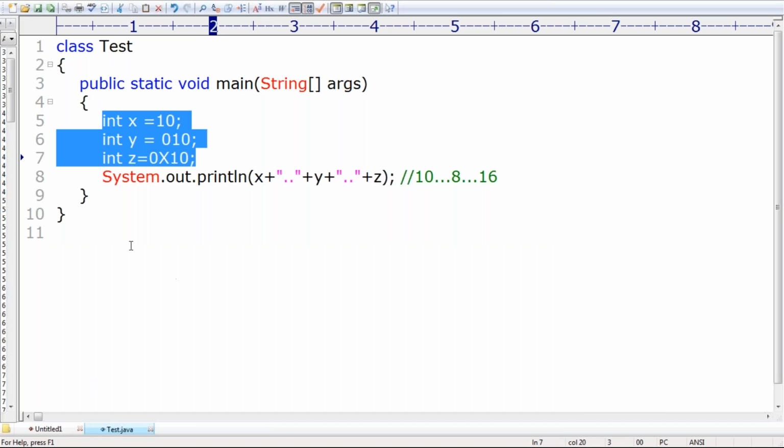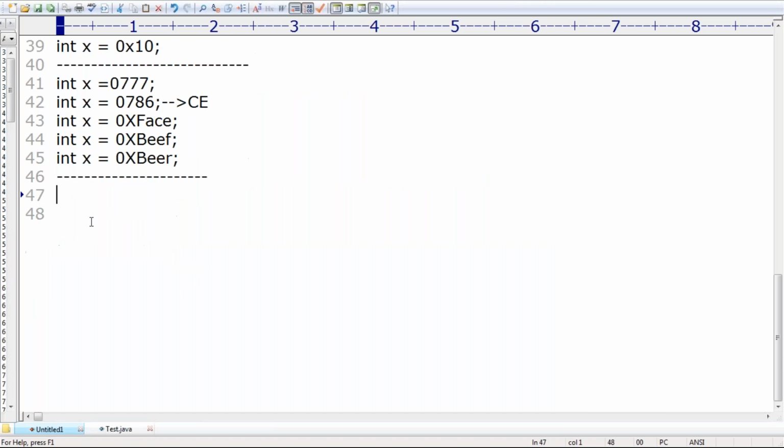Next, in how many ways can we specify a value for the integral data types? 3 ways: decimal, octal, hexadecimal. Make sure you people are aware. Next, I'm taking 10. Is it an integral literal or not? Yes, it is an integral literal.